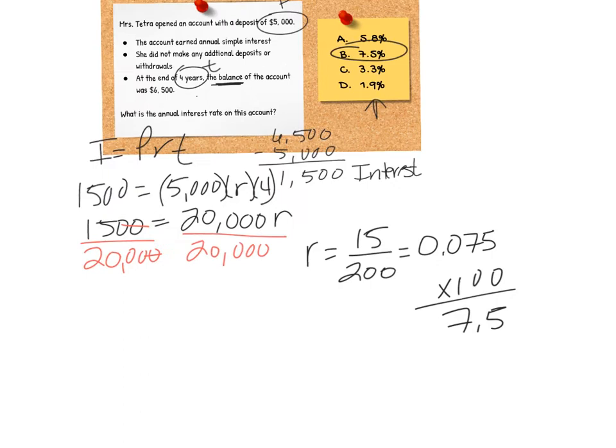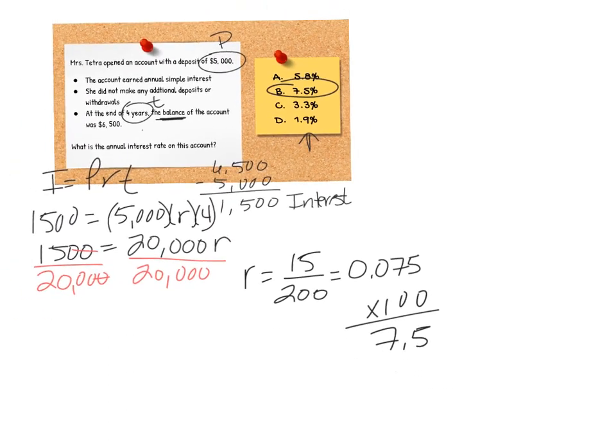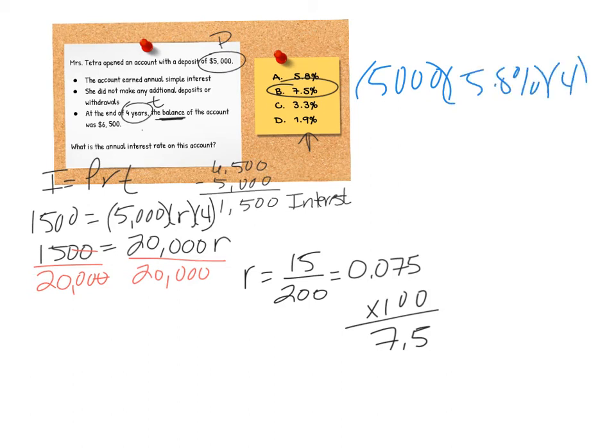Okay, so the other way to do this is to, let me come over here and use blue. I'm going to start substituting. I'm going to say 5,000 times 5.8% times 4. I'm going to grab my calculator. I'm going to put that in, times 5.8% times 4, and I got 1,160.